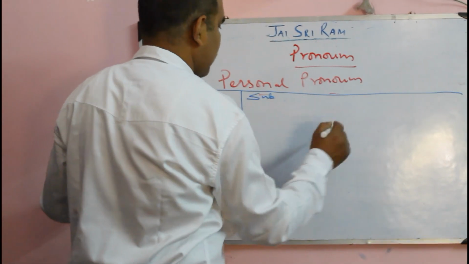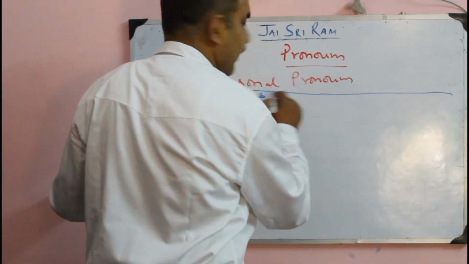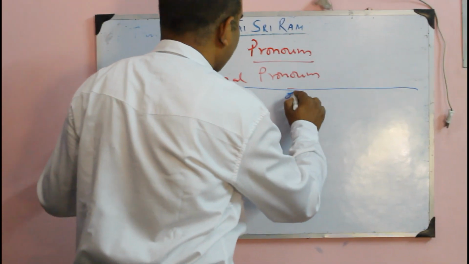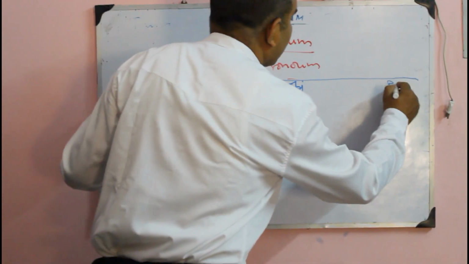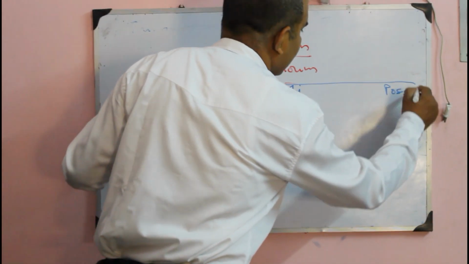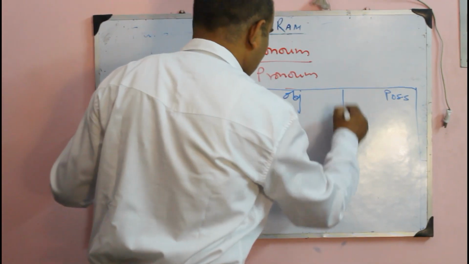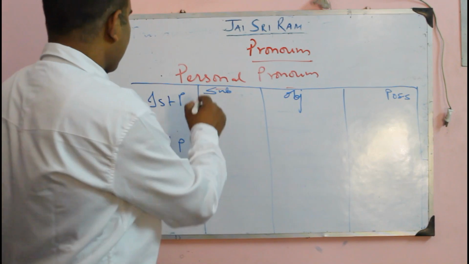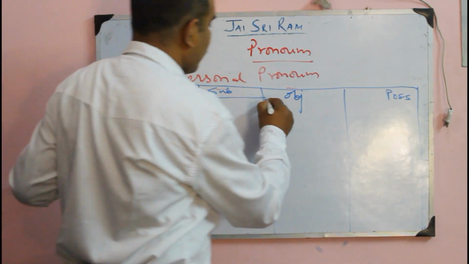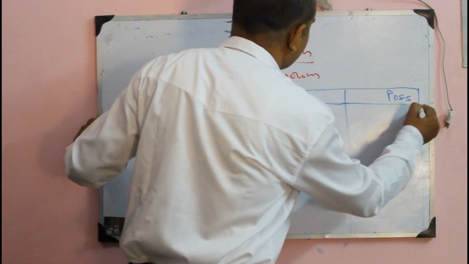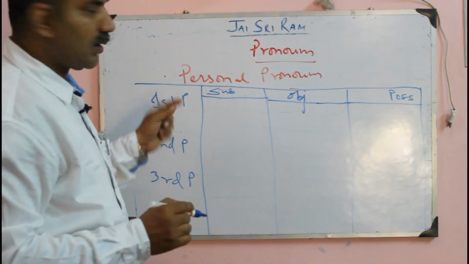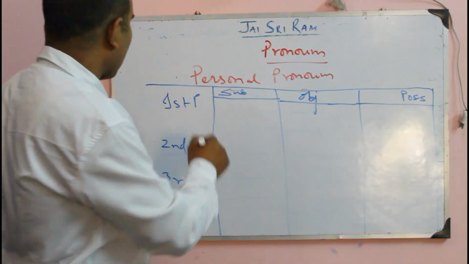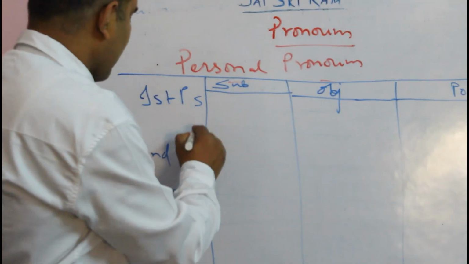subjective case, SUB means subjective case, objective case and possessive case. POSS stands for possessive case. Okay, SUB stands for subjective case, and this is the situation, just pay attention. Now first person can be subdivided into 2 categories, singular and plural.